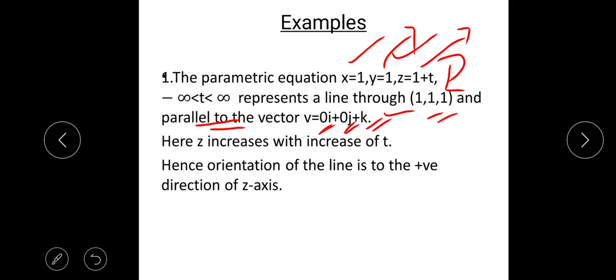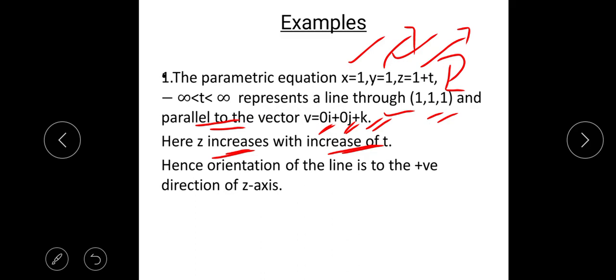Now look at the orientation. Here, the third equation says z is equal to 1 plus t. From this, it is clear that z increases when t increases. So as t increases, the third component z is also increasing.